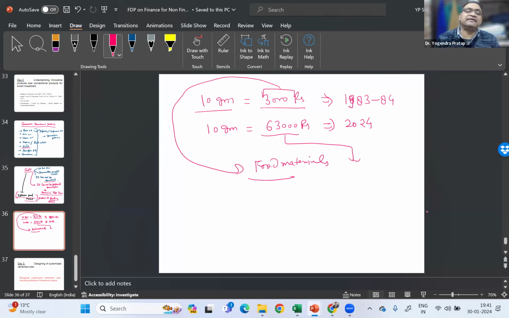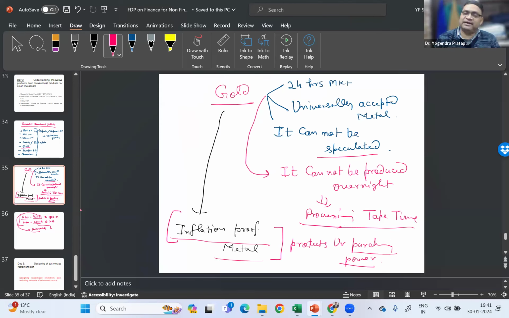That is why it is said your portfolio must have gold, because it is the only inflation proof item. This is the example of how gold is the inflation-proof metal. It protects your purchasing power. Whatever the situation, whatever adversity there is, your purchasing power remains protected if you have gold in your portfolio. Point is clear?